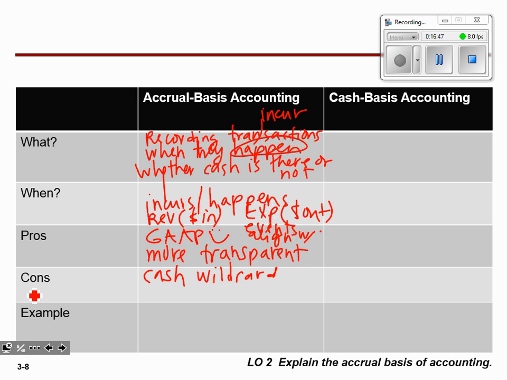But remember what that lady from the video said. Time doesn't stop. It's just a lapse from when it happened to when we get paid. So cash becomes a wild card, kind of as Riley was describing. Let's talk about bad ARs. What happens if they default and don't pay you? Then all of a sudden we've got to go back to last year and say, oh gosh, we gave them that haircut, but they didn't pay us.